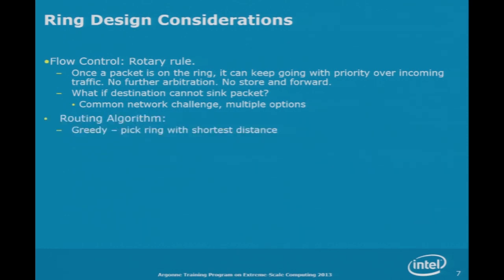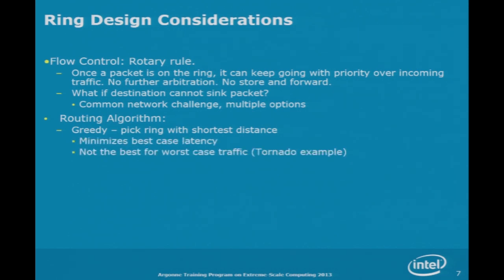The routing algorithm: our experience is we pick the shortest way. Since you can go two directions, we pick the shortest one. That's a greedy algorithm. It's not the best for the worst case. It minimizes the best case latency. It's not the best for worst case traffic, like a tornado pattern where everybody is going a few hops to the right.